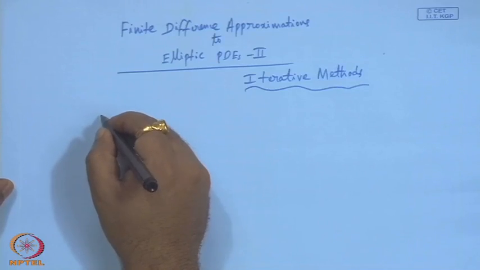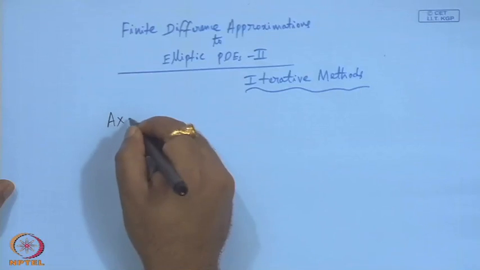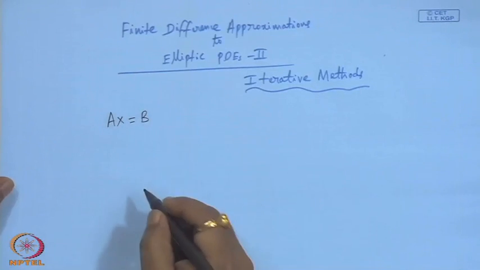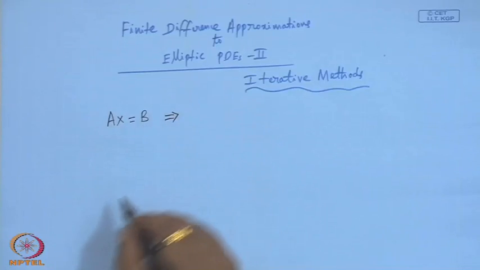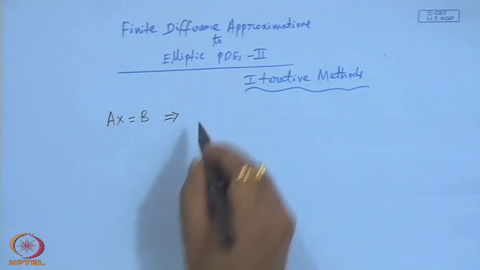So let us see how a general iterative method works for solving Ax = b, a kind of linear system of equations. The system under consideration is this, and we are aiming at solving this iteratively.